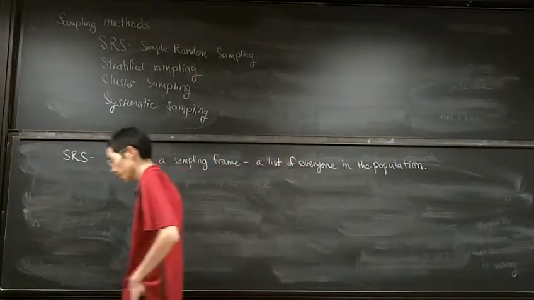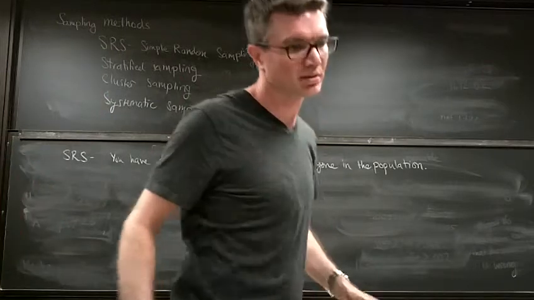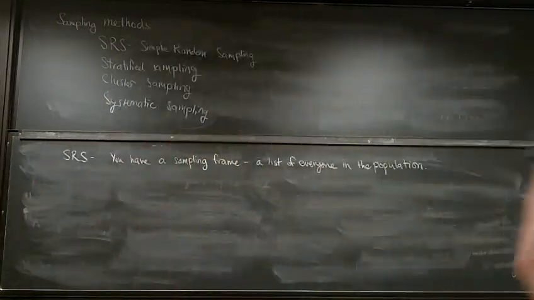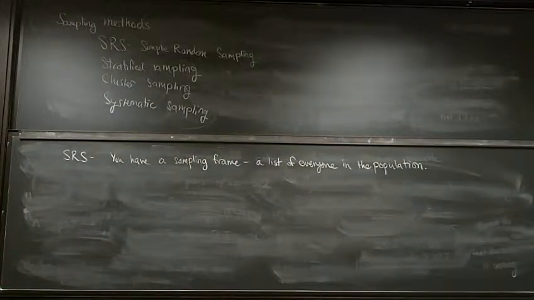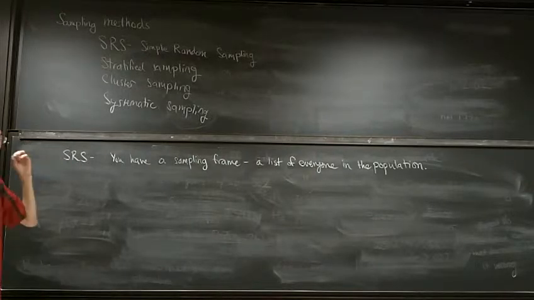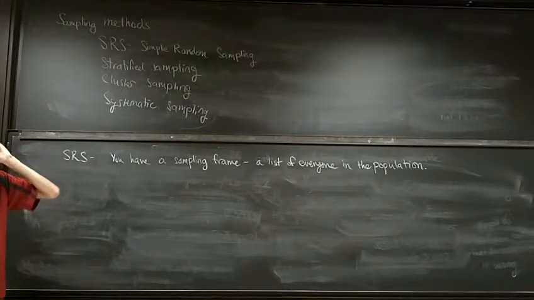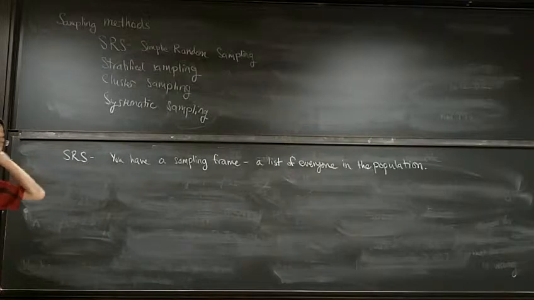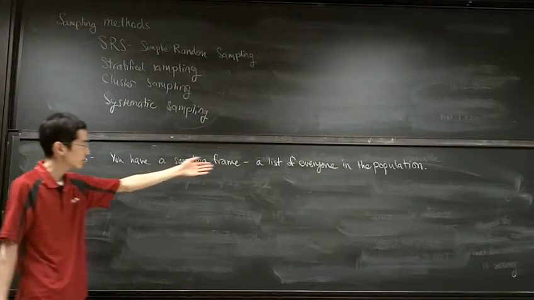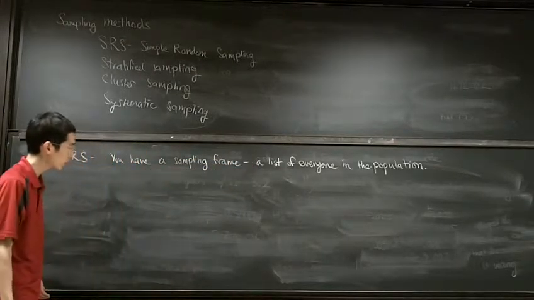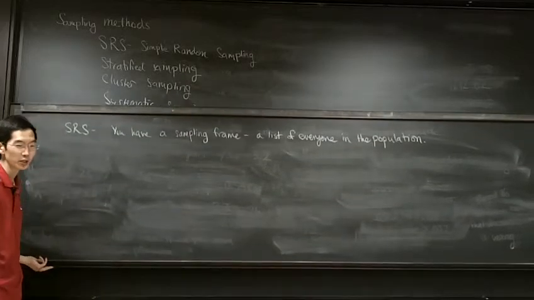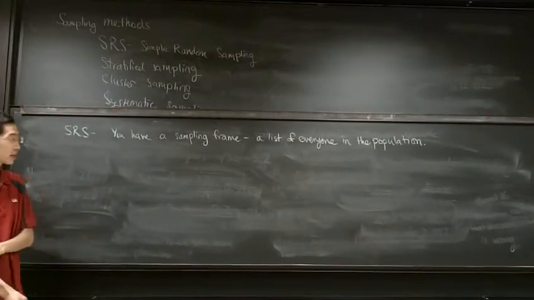In the population. If your sampling frame does not have everyone in the population, then your simple random sample will not truly be representative of the population. Okay? So the quality of your sampling frame will determine the quality of your sample.